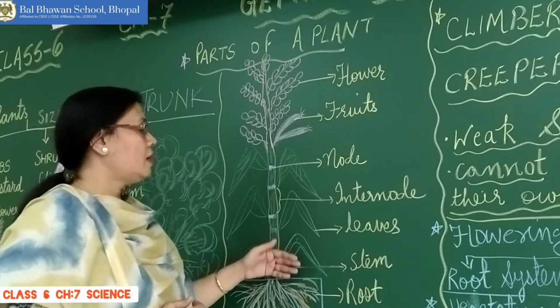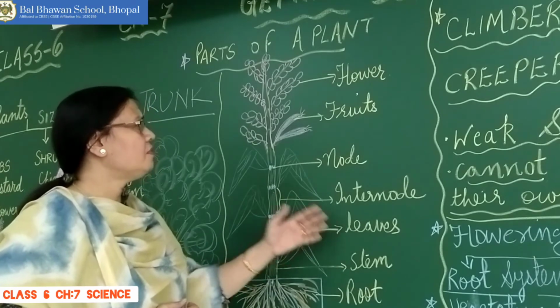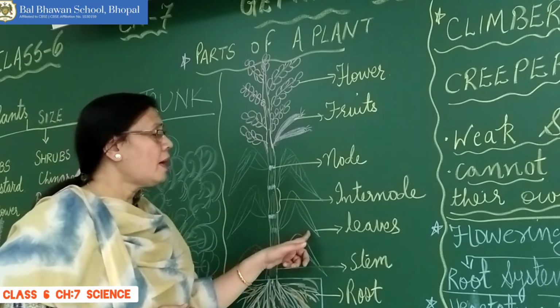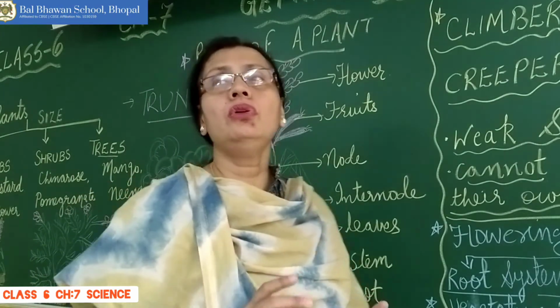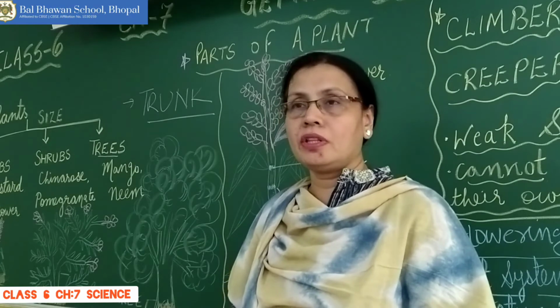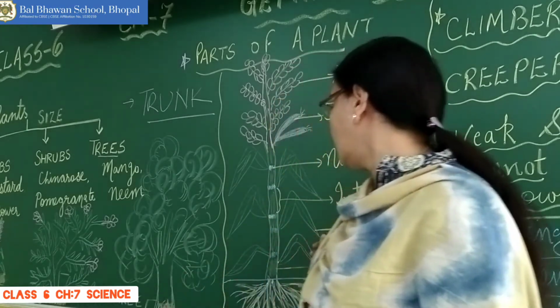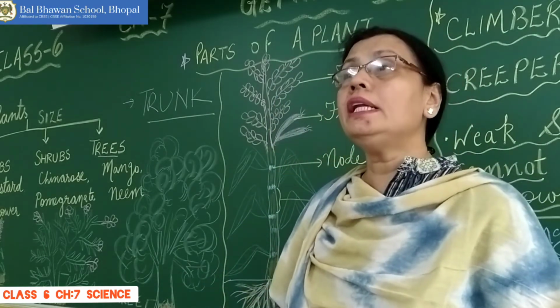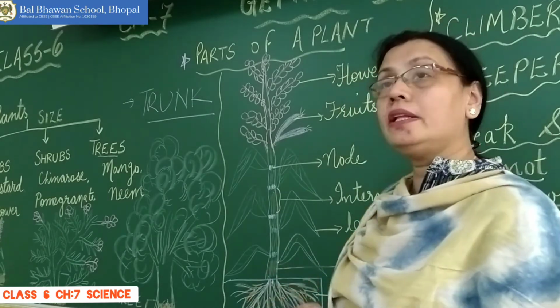Now on the stem, we have branches, leaves, flowers and fruits. Now coming to the leaves. As you all know, leaves are green in color and they perform the most important function, that is photosynthesis. They are green as they have a green colored pigment, chlorophyll, present in them.